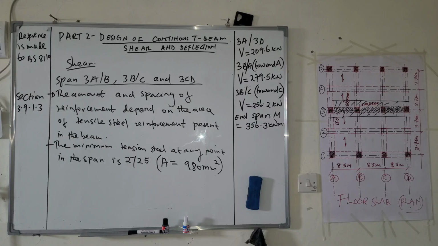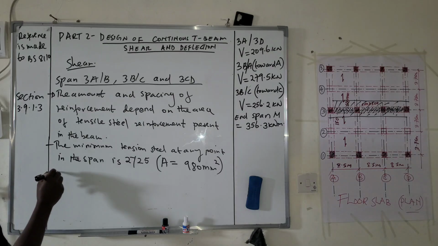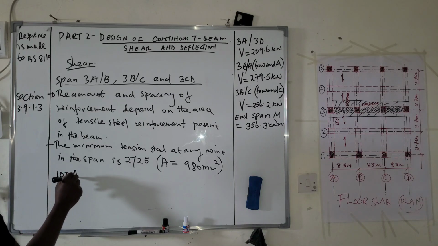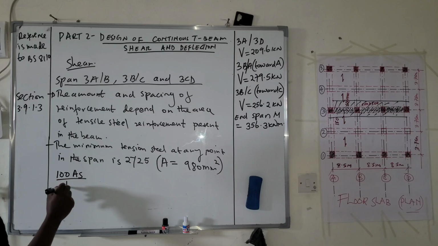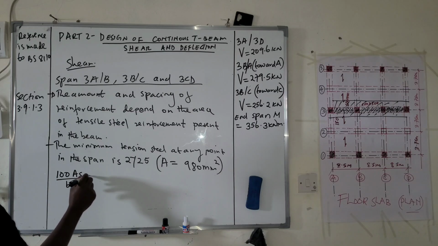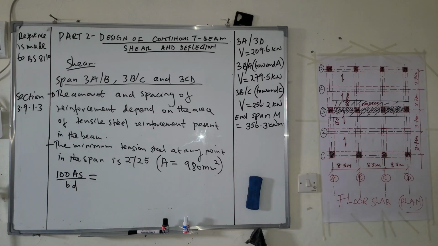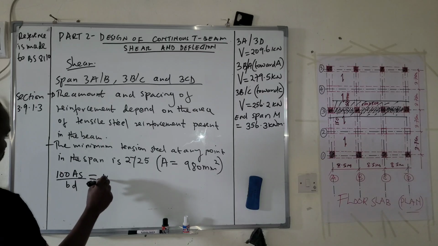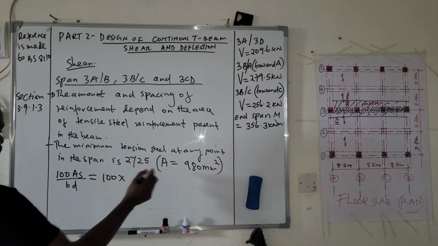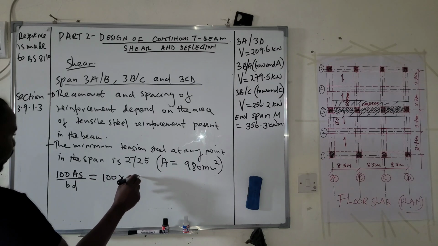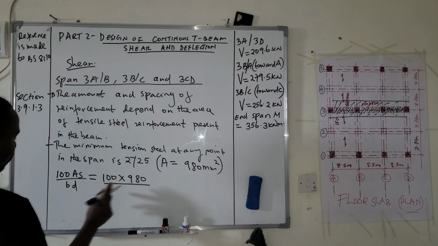So we want to use this area to determine the shear stress in concrete. And you know that to determine the shear stress in concrete, you will need this formula: 100As over bd. So this is equal to 100 times the area of steel, 980, over b.